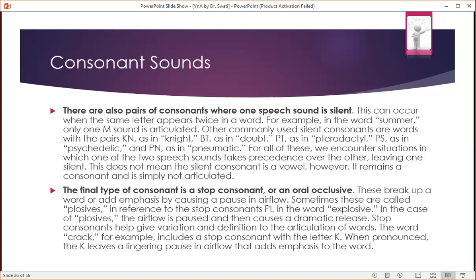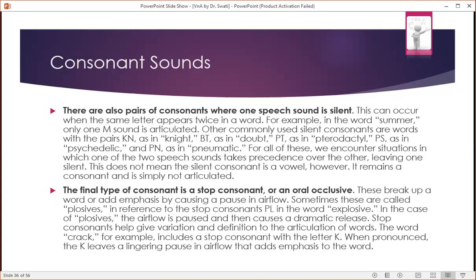And the final type of consonant is the stop consonant, or an oral occlusive. We also call it occlusive, right? So these break up a word or add emphasis by causing a pause in airflow.